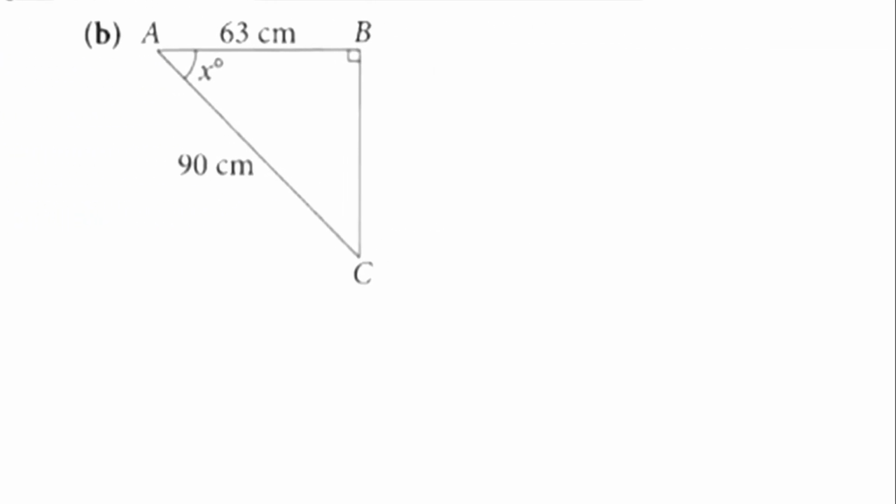Next, 2b. We are given line AB. Line AB is adjacent to my x degree, and line 90 cm is my hypotenuse. So we have A and H. So that is cos.